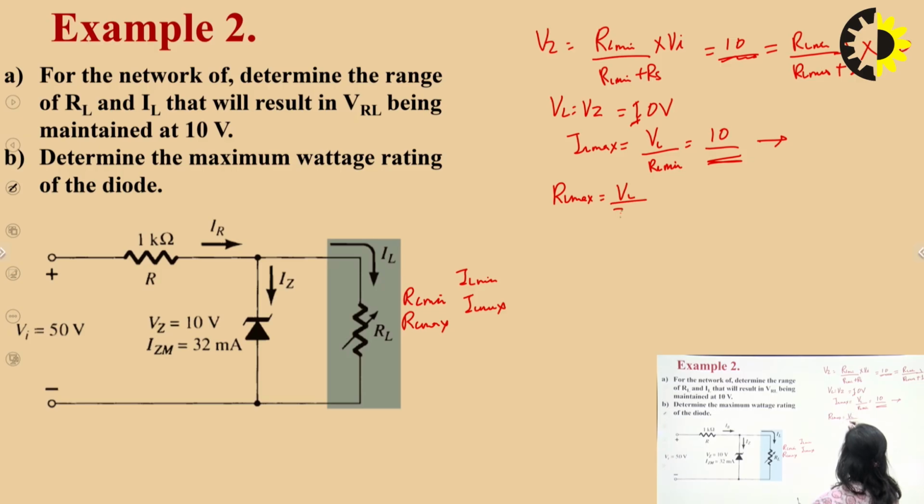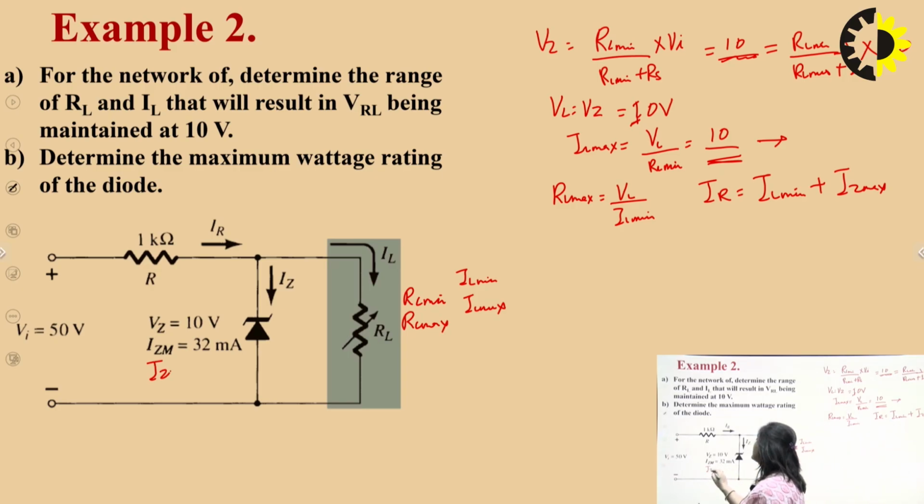So RL max can be found by VL upon IL minimum, and IR is equal to IL minimum plus IZ max. So here we can see IZM is given, that is 32 milliampere. This IZM is the IZ max. So the value of IZ max is given here, and IR can be found.